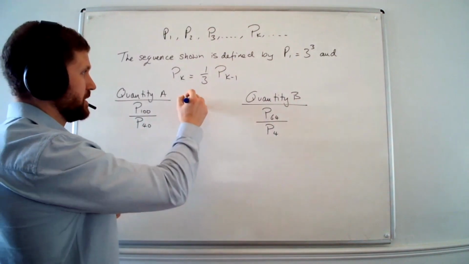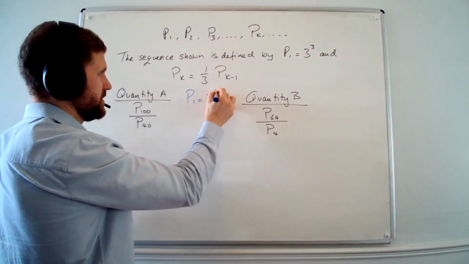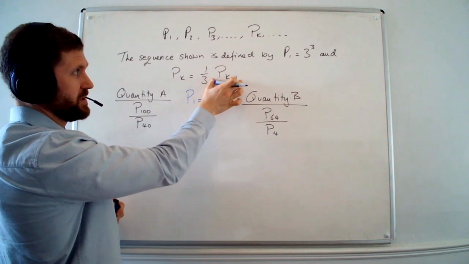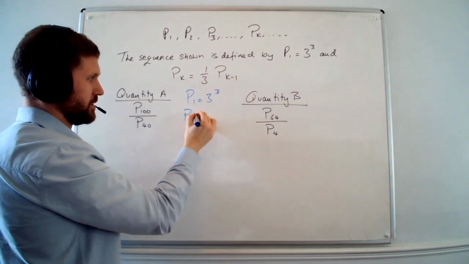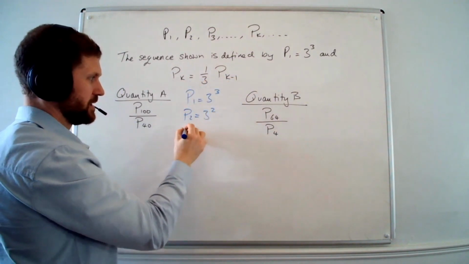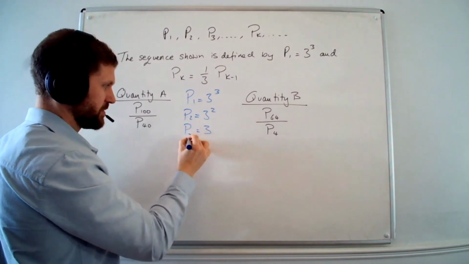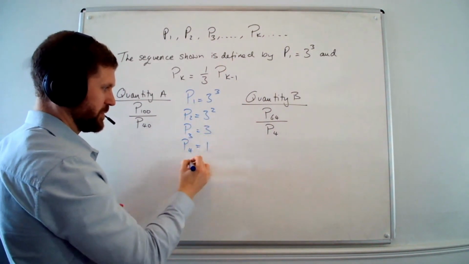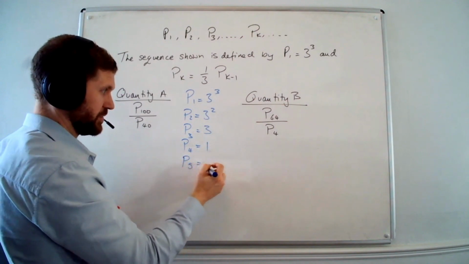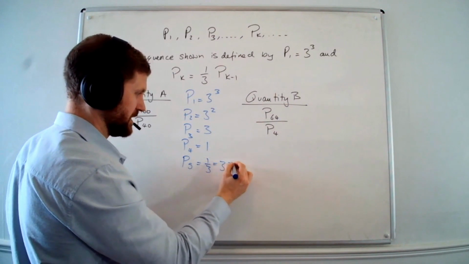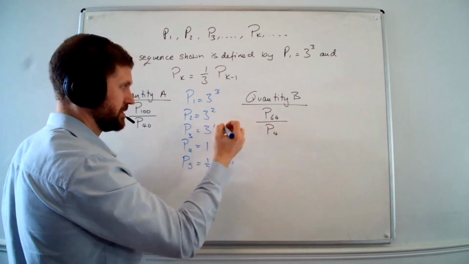So if P1 is 3 cubed, then for P2, I would put 3 cubed in here. 3 cubed times a third, well, P2 is going to be 3 squared. Sorry, P3 is going to be 3. P4, well, that would be 1. P5 would be 1 over 3. Or we could think about that as 3 to the negative 1, and that as 3 to the 0.